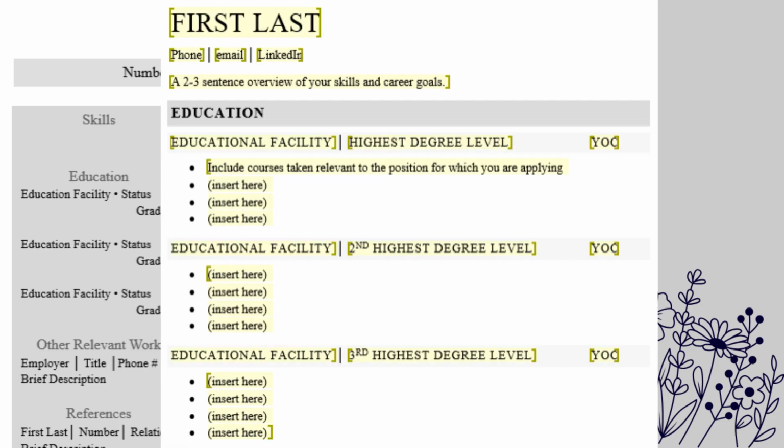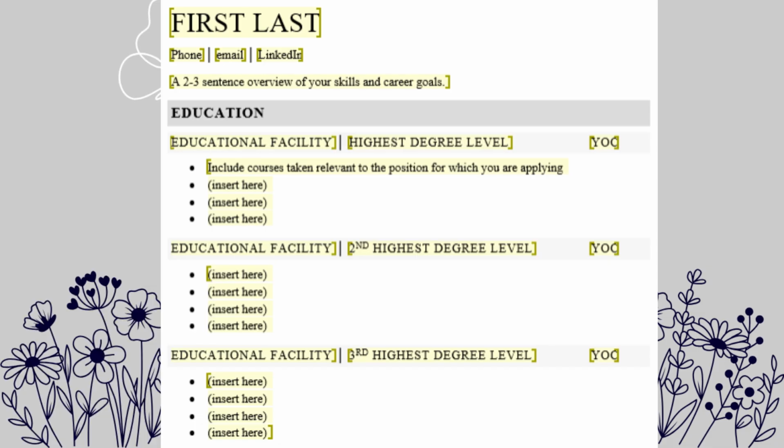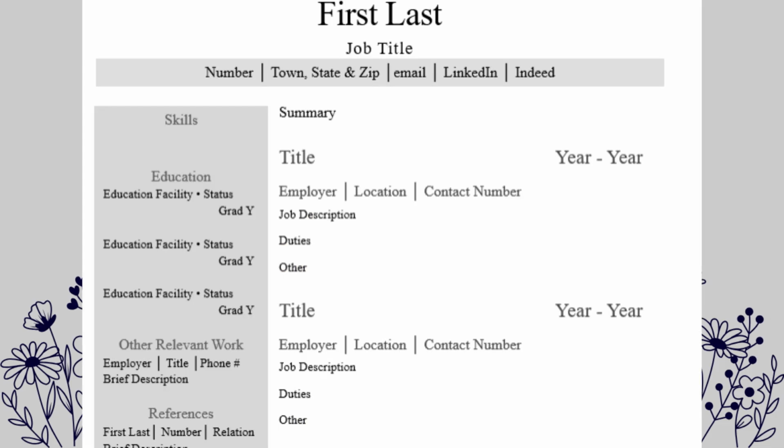CVs go deeper by including any educational achievements, specific courses related to the job for which you are applying, and other accomplishments related to your career and educational background. CVs are typically one page for recent college graduates and entry-level job seekers, while senior-level job seekers typically have anywhere between 2 and 3 pages for a CV. Meanwhile, a standard resume, like the one that we worked on last time, is a 2-page maximum.